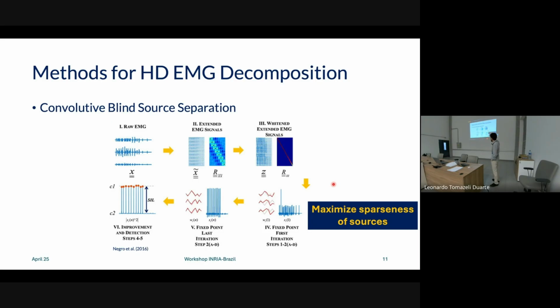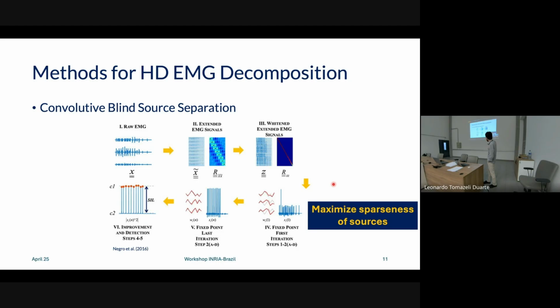And then we can apply this decomposition pipeline, extending the matrix to make the problem instantaneous, and then we can whiten to make the signals uncorrelated in the spatial domain, and then we can use some kind of fixed-point algorithm, for example, fast ICA, to identify the sources of these signals at the surface of the muscle.